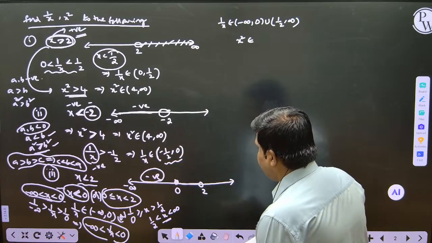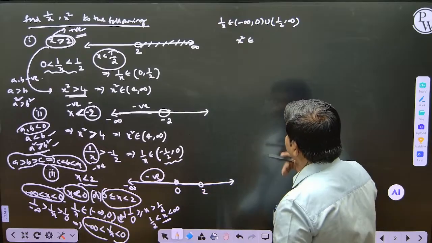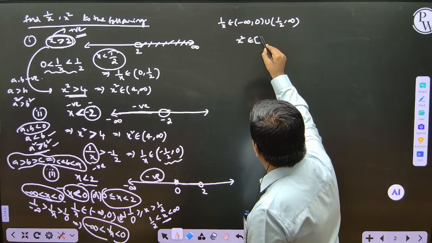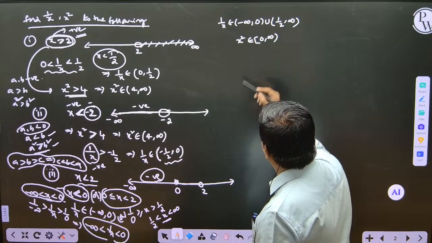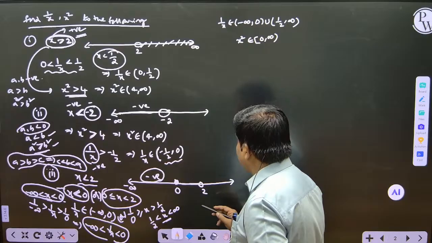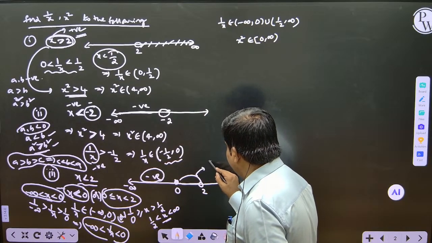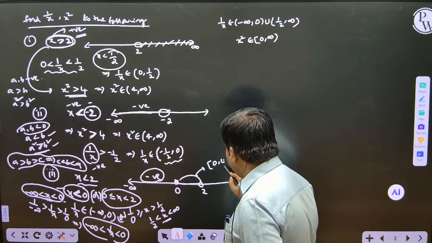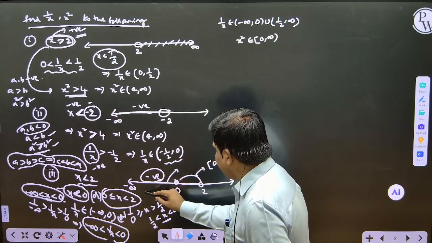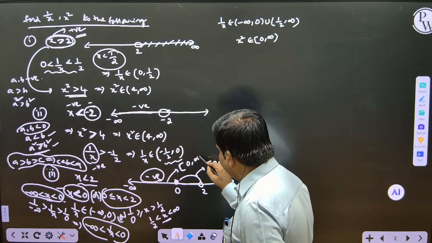Here, squaring of this, 0 less than, means this is 0 to 2. So x square finally belongs to what? 0 to infinite. Why? If I square this part, I am getting 0 comma 4. If I square this part, minus infinite to 0, I am getting 0 comma infinite.